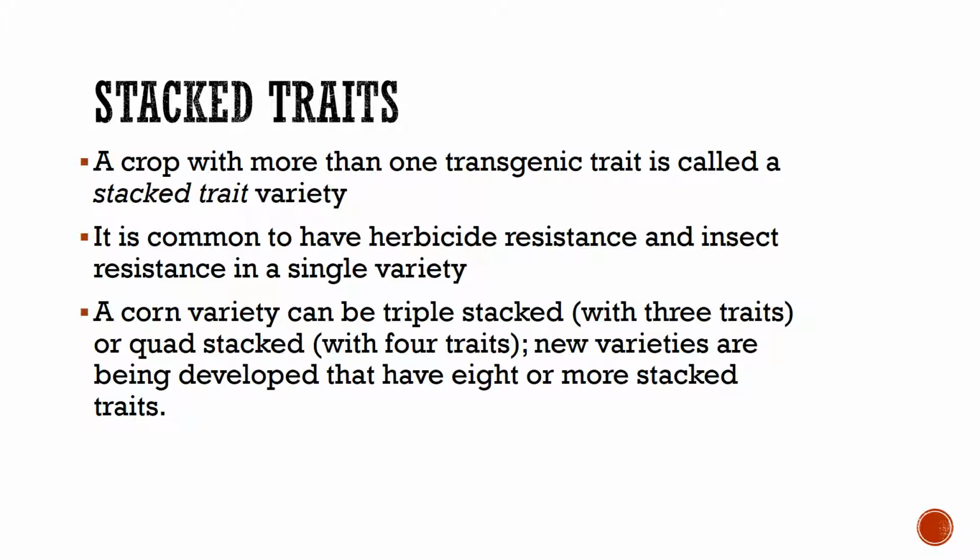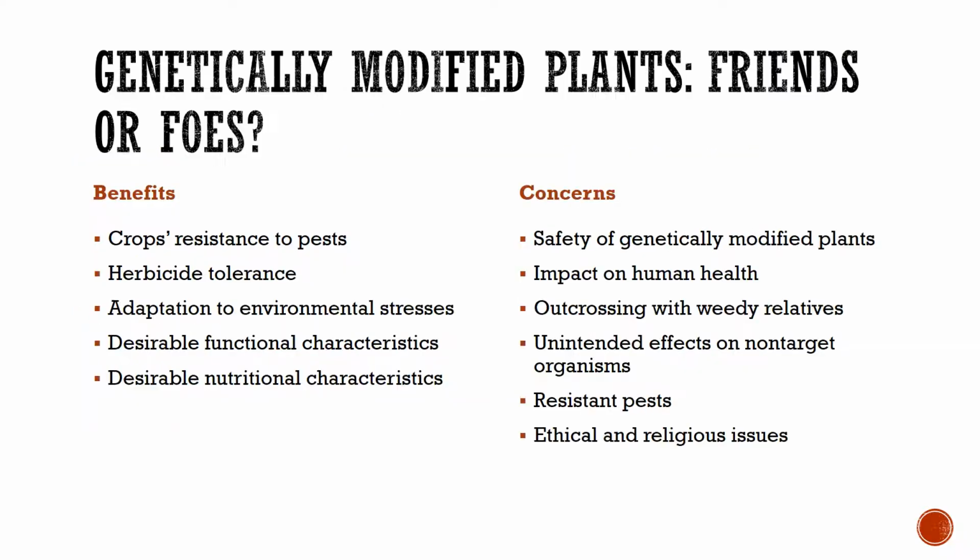A corn plant can be stacked with 3 traits, and sometimes 4 traits, or a quad stack. But that's a little bit too expensive, so we personally don't buy those quad stack traits, but a lot of other people do, which is awesome. You can actually have 8 or more stacked traits, so that's getting pretty high up there.